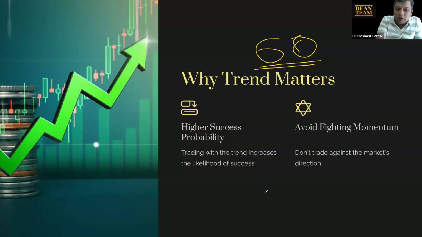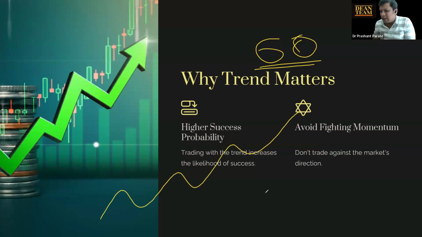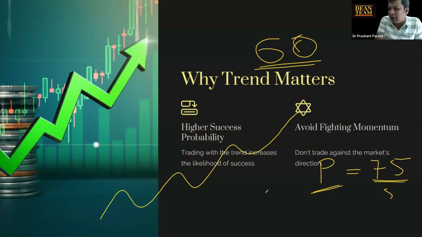A trend is like this. It goes up, comes down, goes up, comes down. What I have seen is that when the trend moves in our favor, the profitable trade goes on for approximately 75 to 80 candles.